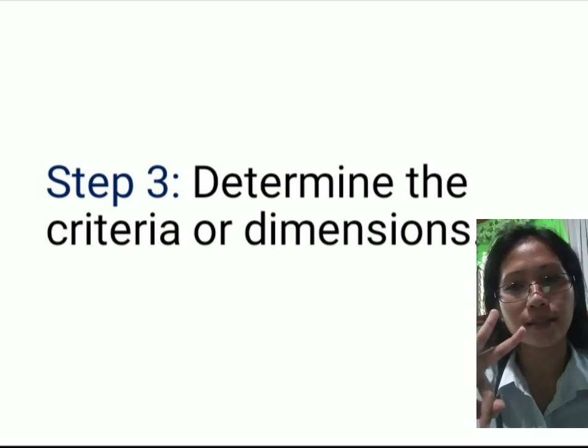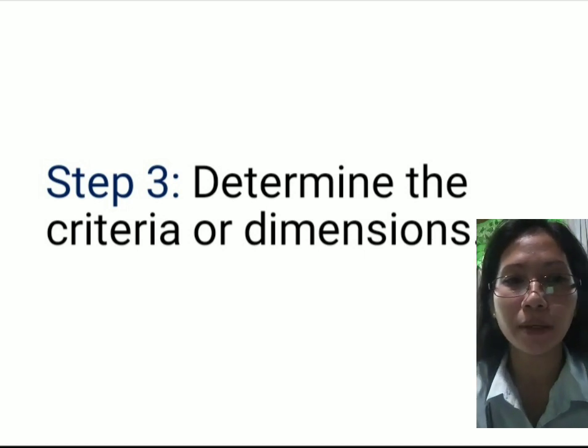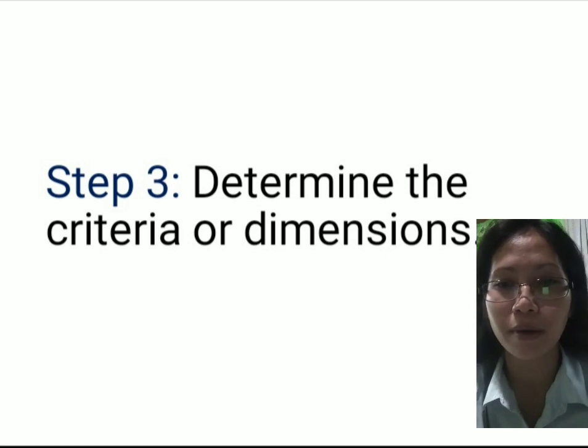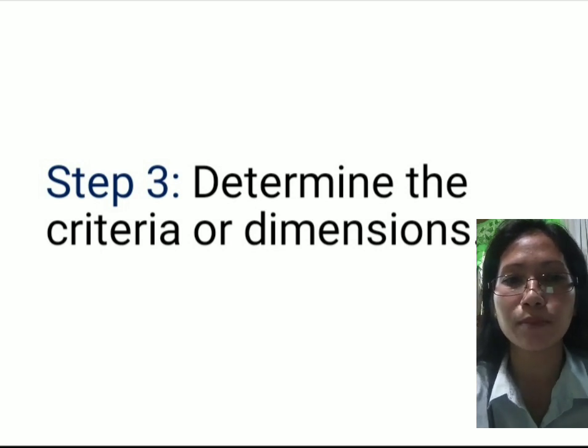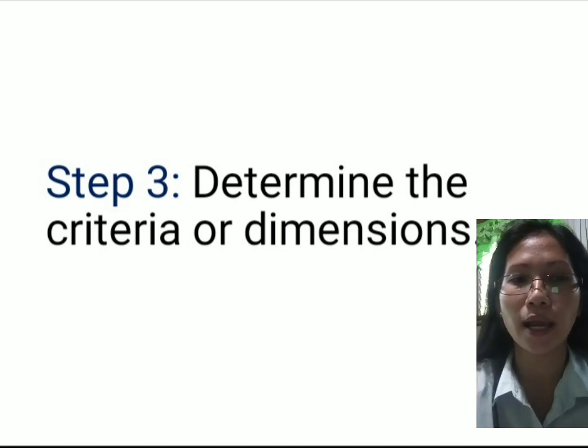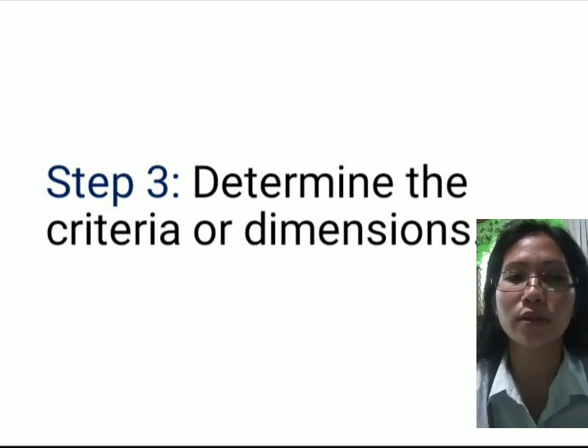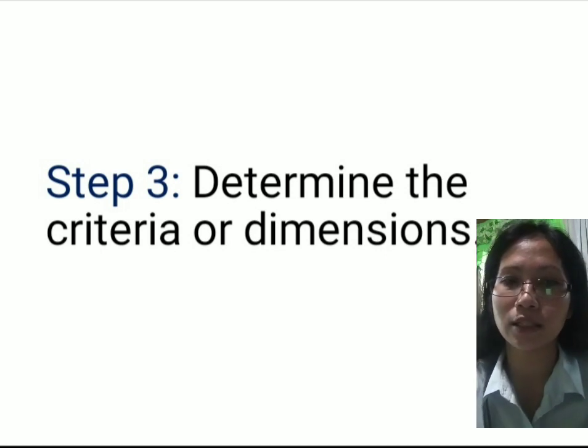And step 3, we have here determine the criteria or dimension. So this is to cluster the list of attributes or indicators into possible groups or categories and label those categories. So this will form the criteria for assessment.